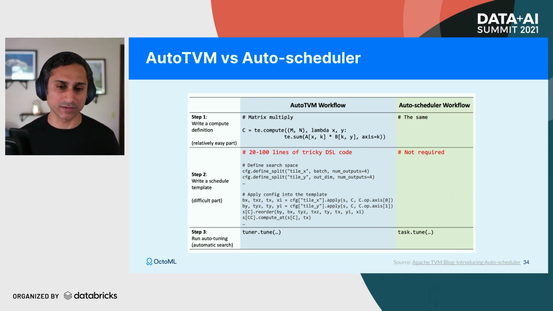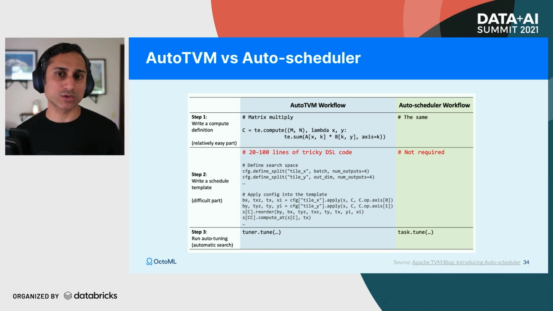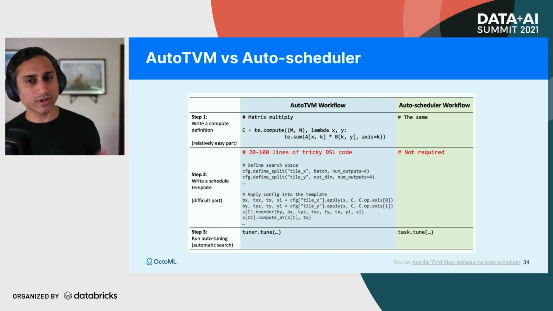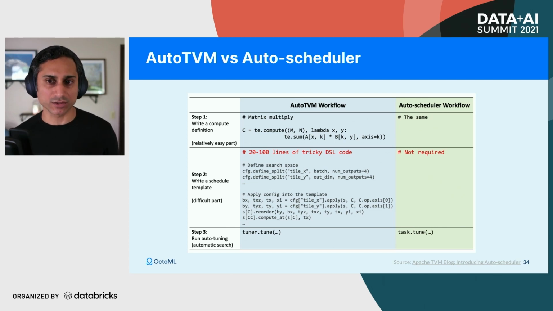AutoTVM is in the first column and autoscheduler is in the second column here. So in AutoTVM, there are 3 steps. The first step is you write the compute definition in TVM's tensor expression language, which is pretty easy because it's just like math expressions. The second step is to write a schedule template, usually 20 to 100 lines of tricky DSL code that requires domain expertise of both the target hardware architecture and the operator semantics.